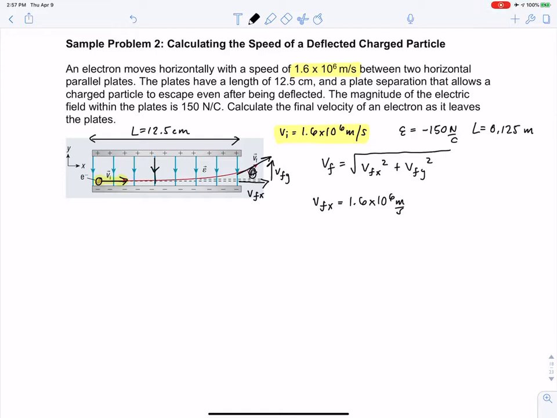So in order to find the final velocity, we need to find the final y component as it accelerates towards the positive plate. And we're going to do some creative things mathematically in order to do so. Then we also need to find theta. And theta will be easy. Theta will be equal to the inverse tan of the final y component over the final x component.